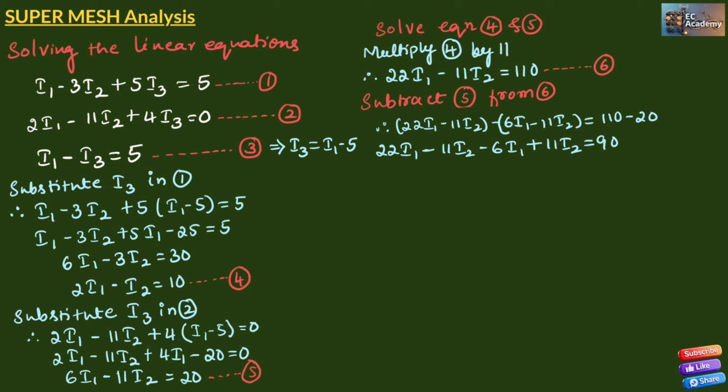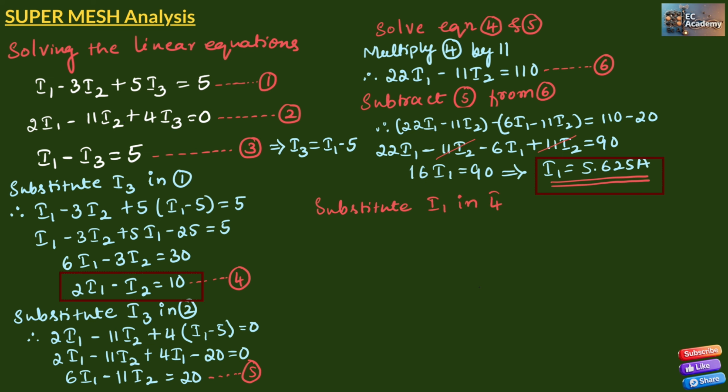Here we can cancel out these two terms and we can write the above equation as 16I1 equal to 90. From this we can say I1 is equal to 5.625 amperes.